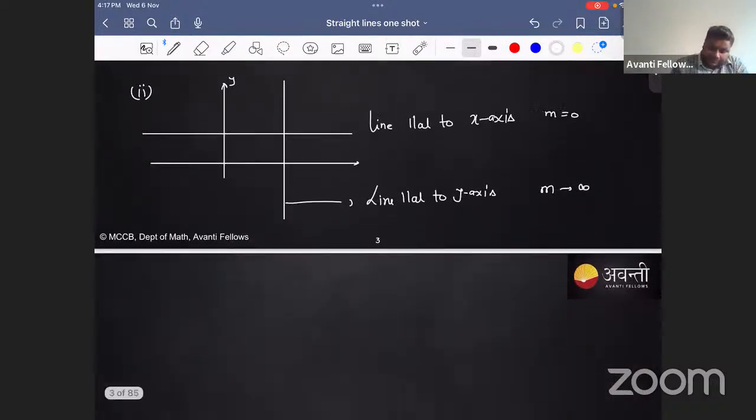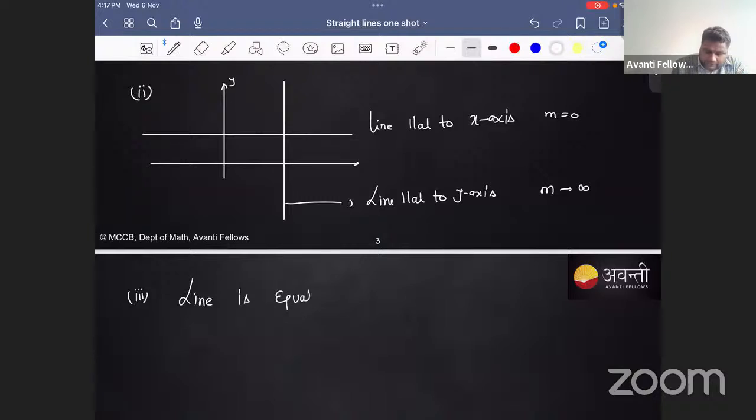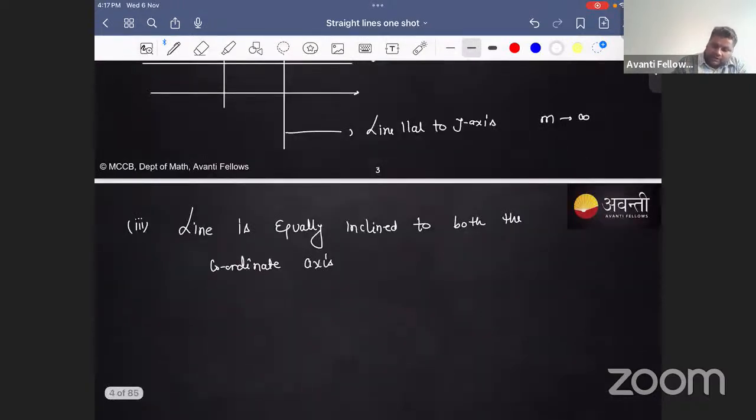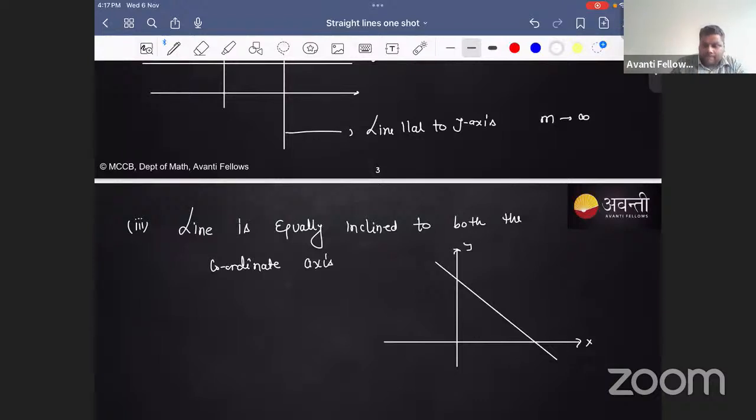Then a term comes, like the line is equally inclined to both the coordinate axes. If a line is equally inclined to both the coordinate axes, it means the line is like this or like this.